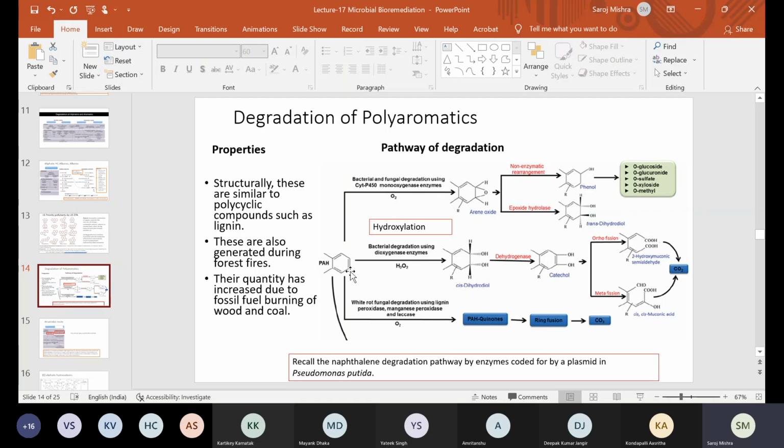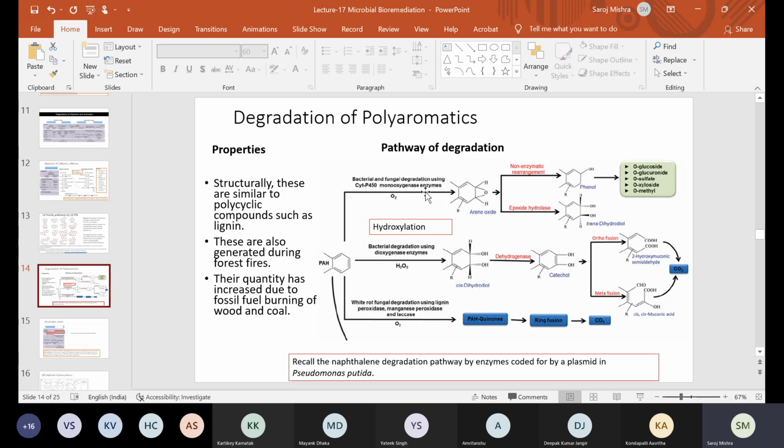Here is an example of a polyaromatic hydrocarbon, abbreviated as PAH, and one can add molecular oxygen to it. The enzymes responsible are the bacterial or fungal enzymes called cytochrome P450 monooxygenases.